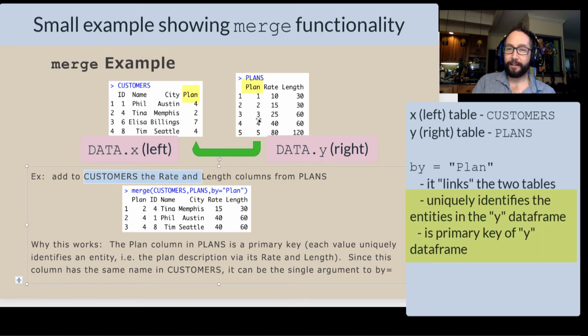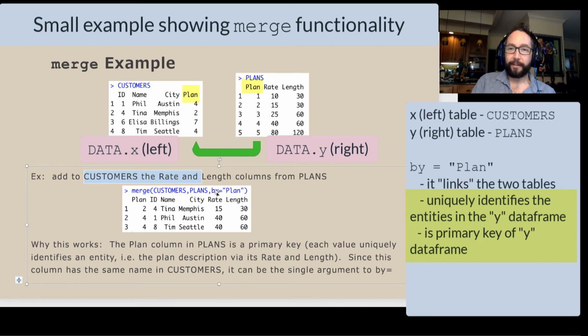The value here in plan uniquely specifies what row I'm looking at. So I'm going to go, okay, where's plan 4? Here's plan 4. I'm going to drag 40 to a new column rate, and I'm going to drag 60 to a new column length. Plan 2, I'm going to drag 15, I'm going to drag 30, etc. So same column name, by equals plan.